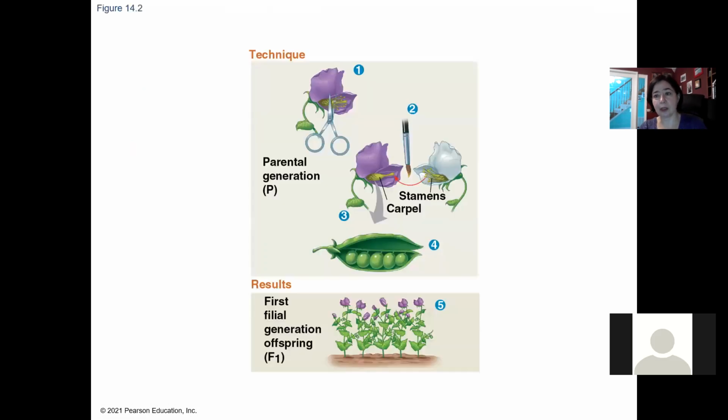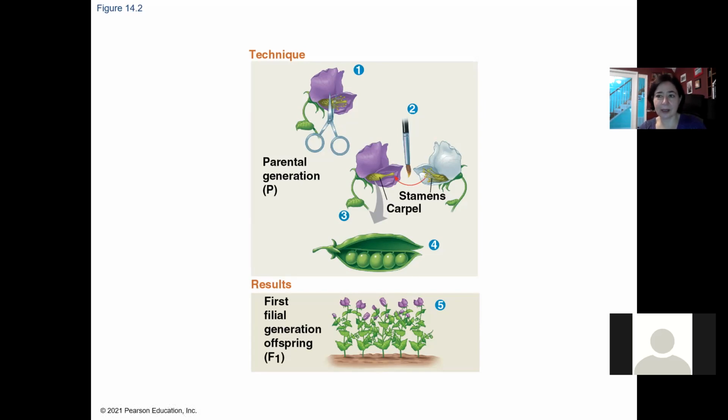So what he did to control whether it would be self-pollinating or cross-pollinating: you see, in the plant there's a stamen, right? With a carpel, this is the female part, right? So there's an egg cell, the maternal egg cell, female. Then there are stamens with their anthers that have the pollen.